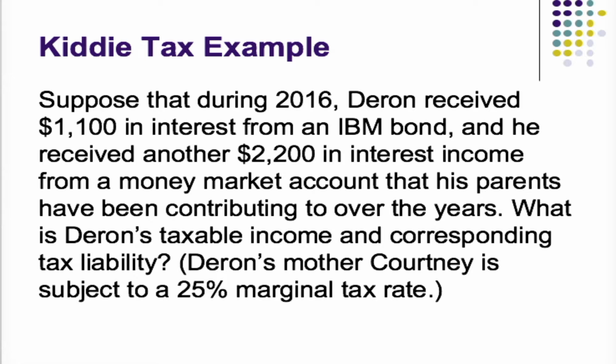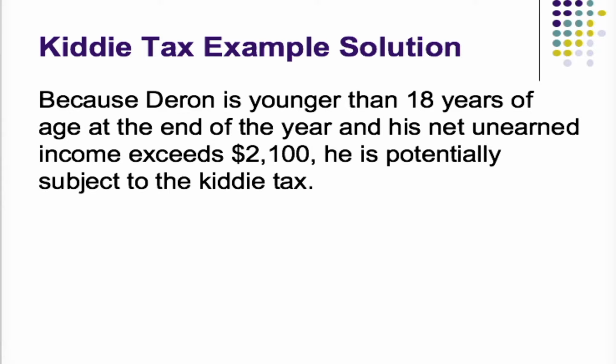So kiddie tax example, suppose that during 2016, Darren received $1,100 in interest from an IBM bond, and he received another $2,200 in interest income from a money market account that his parents have been contributing to over the years. What is Darren's taxable income and corresponding tax liability? Darren's mother, Courtney, is subject to a 25% marginal tax rate.